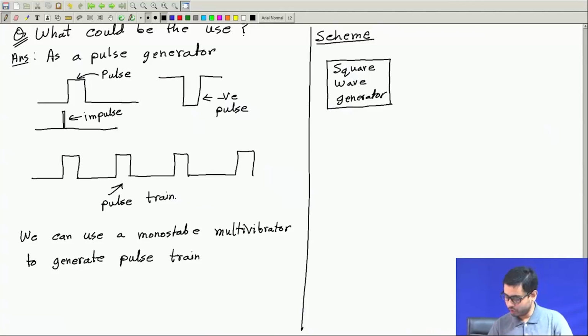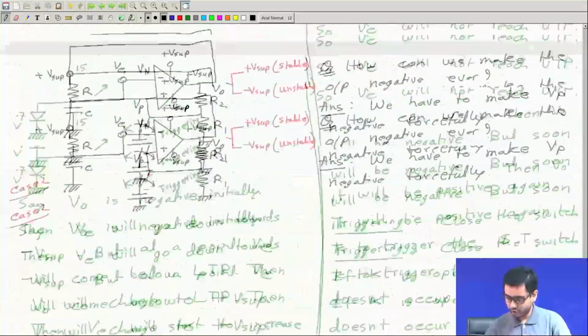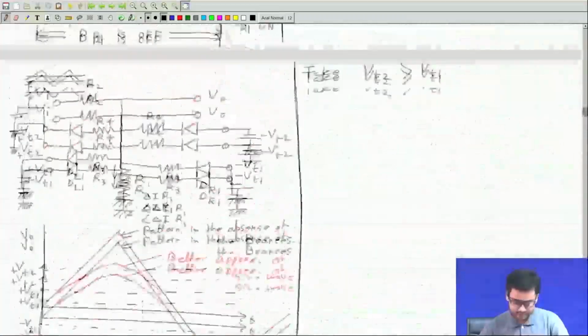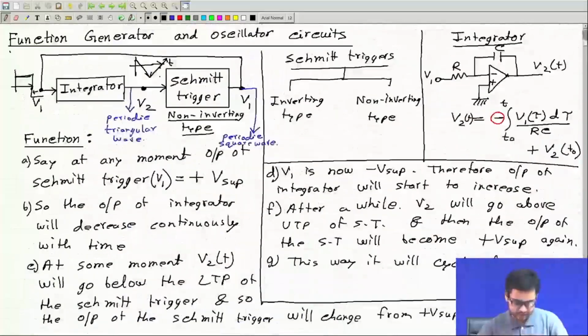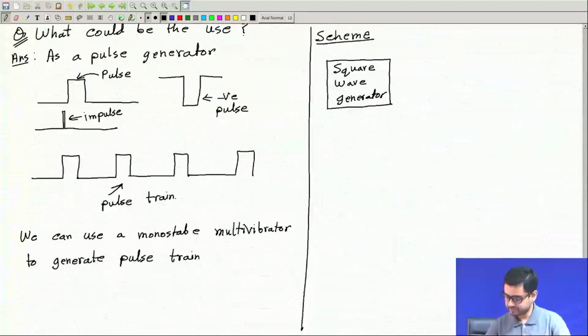So you know how to generate a square wave. If I go back, you see this chapter we started with a function generator where we could generate a square wave here. So take a square wave generator.